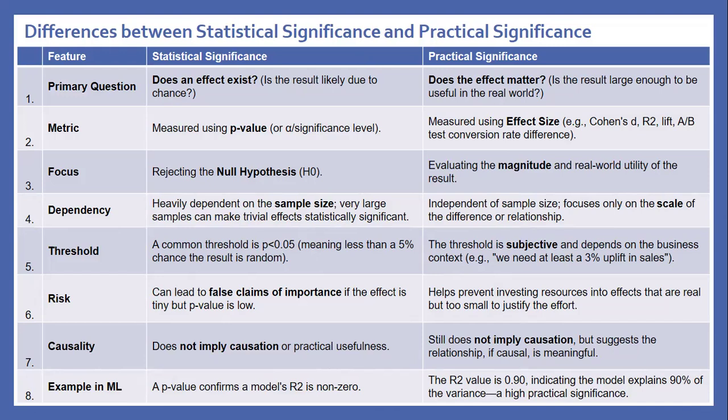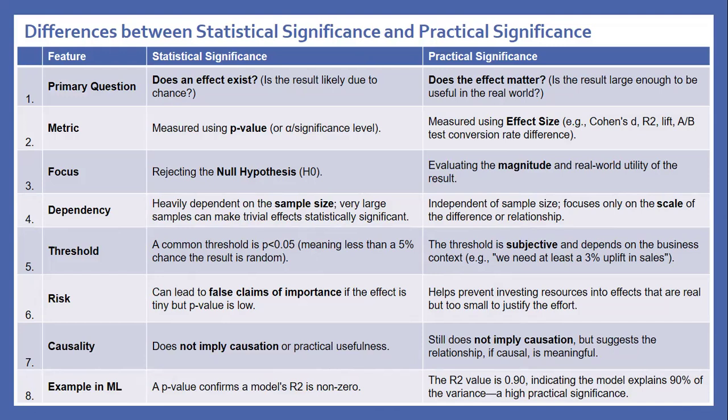Dependency: statistical significance is heavily dependent on sample size; a very large sample can make a trivial effect statistically significant. Practical significance is independent of sample size and focuses only on the scale of the difference or relationship.